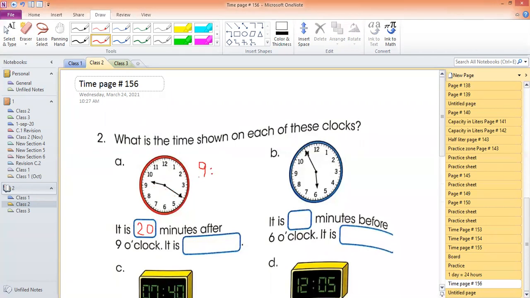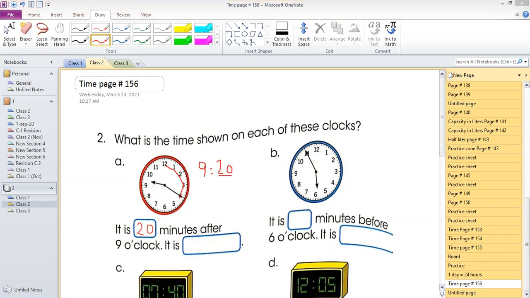Then how many minutes have been passed? Check out the minute hand: 5, 10, 15 and 20. So it is 9:20. How many minutes after 9 o'clock? There are a total of 20 minutes after 9 o'clock. You can write it in any way, because it is easy.